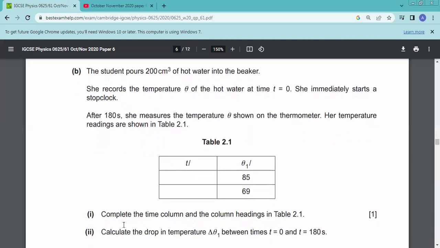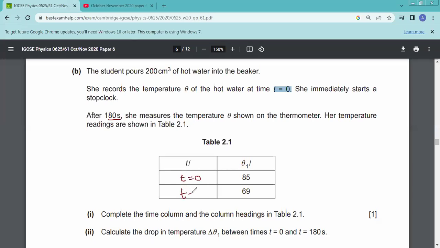Now we have to complete the time column and the column headings in the table. At first, we know that the time at which she started was t = 0. Sorry, mistakenly I wrote 0 degrees centigrade; it was the time t is 0.